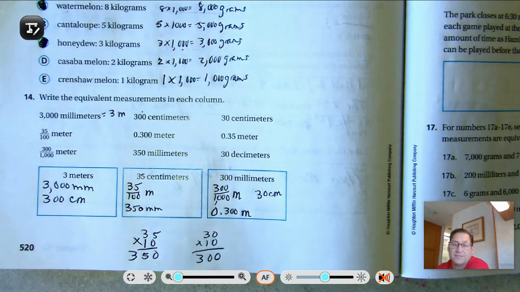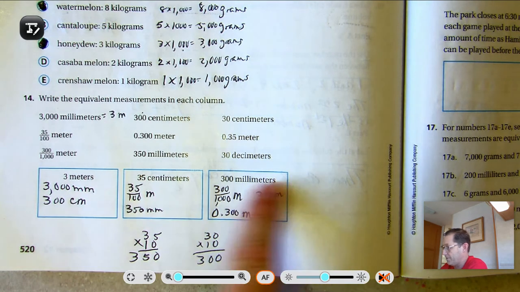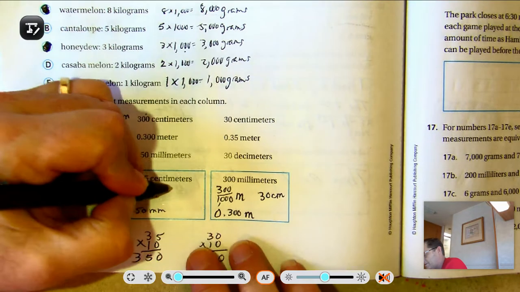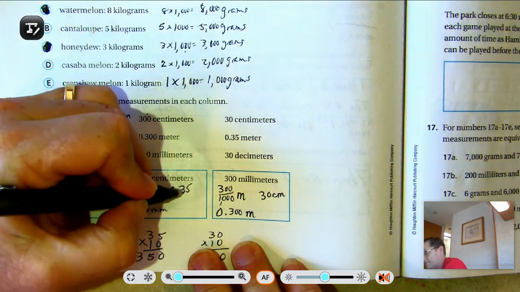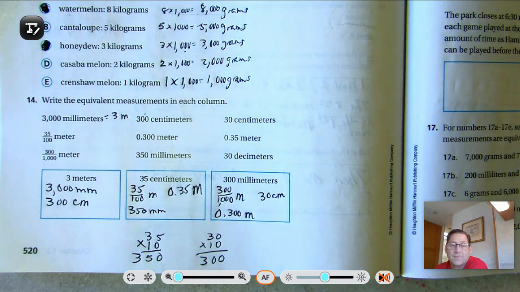So 30 centimeters is the same as 300 millimeters. 35 hundredths of a meter. Well, there's only one 35 here. So 0.35.